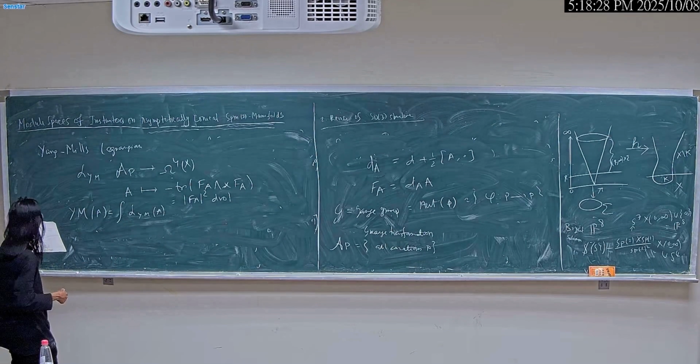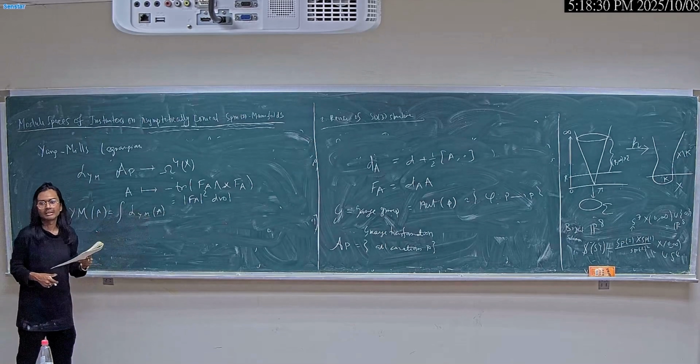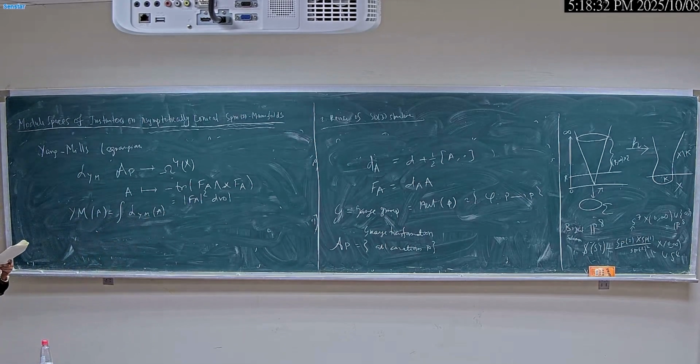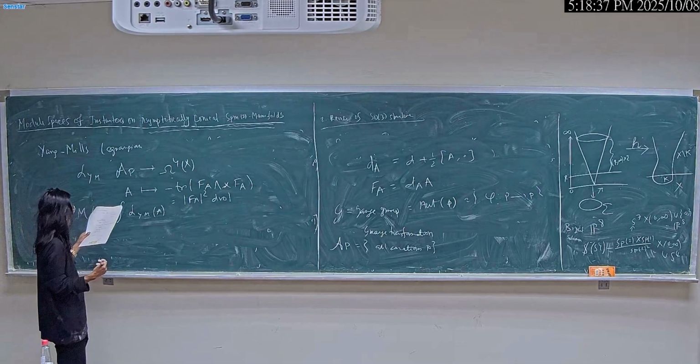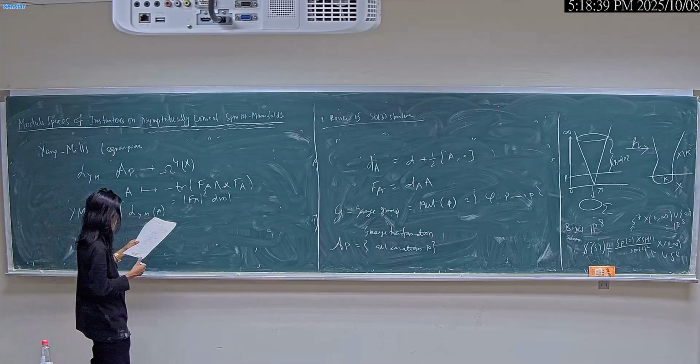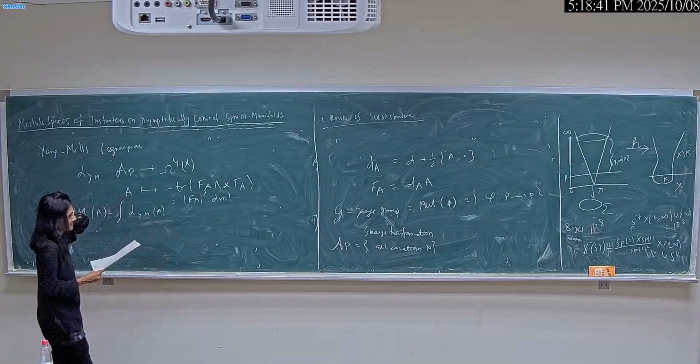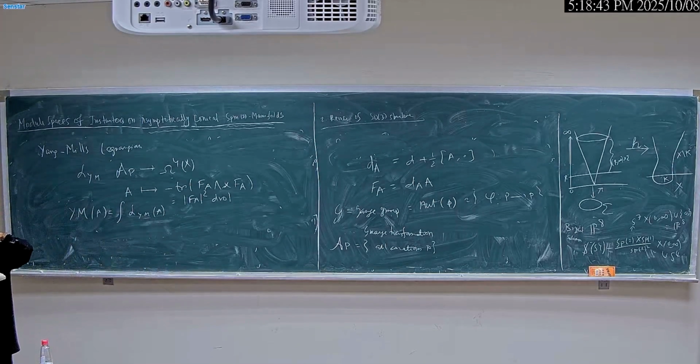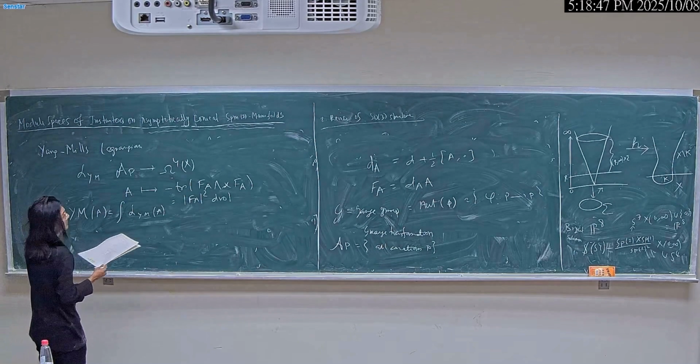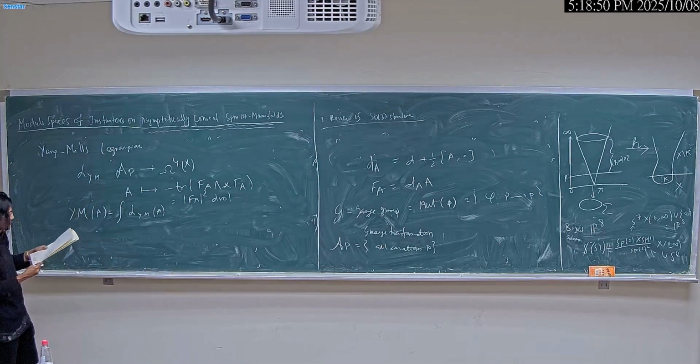And when you have a functional, it makes sense to talk about the critical points of the functional. That's how the variational principle people think about it. Whenever they see a functional, they ask, what are the critical points? And it's important to know the critical points.